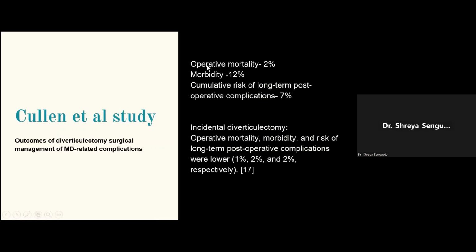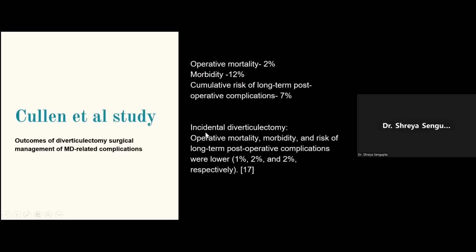Moving forward, there is a study by Cullen et al., which looks at the outcomes of diverticulectomy or resection of the bowel relating to complications. They found the operative mortality is 2%, morbidity is 12%, and long-term post-operative complications are 7%.